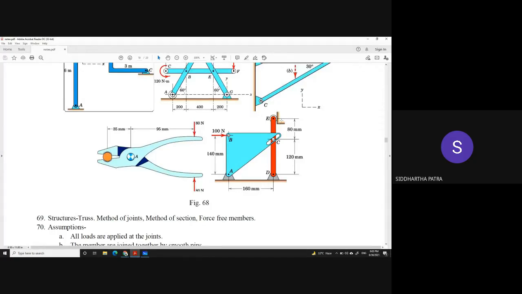Now, if not supported with the ground and the wall, can you tell me how many degrees of freedom this assembly or this frame would have? Ground and the wall are the same unit, it's earth. But if not supported with the ground, how many degrees of freedom will this assembly of rigid bodies have? 4.